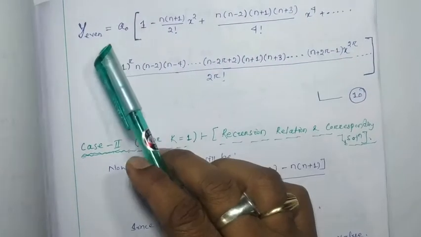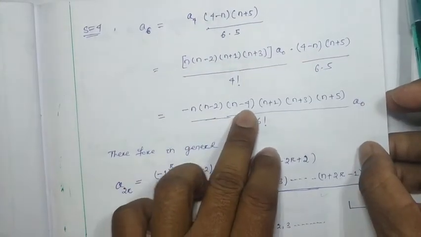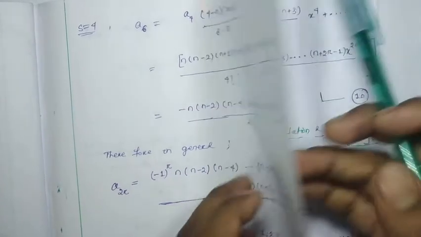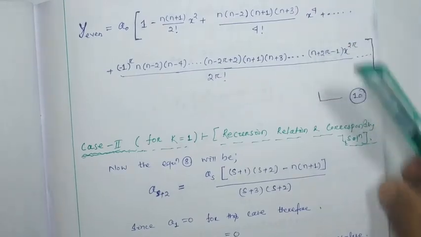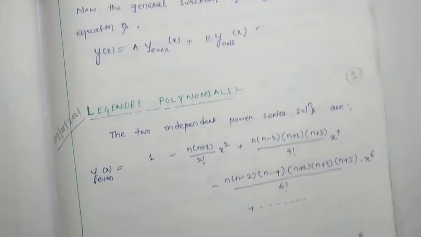So by taking a0 common, it will be minus n into n minus 2, n minus 4, n plus 1, n plus 3, n plus 5, like this. Here I have not written it, but in our discussion today I have written it over here.